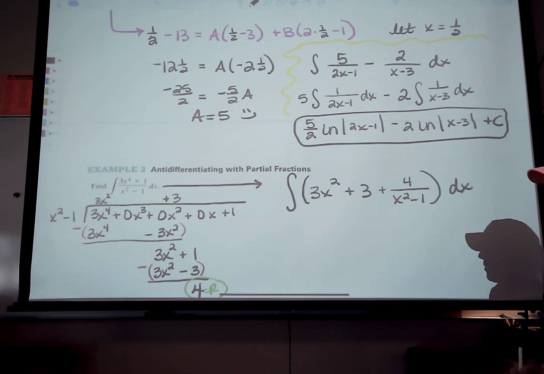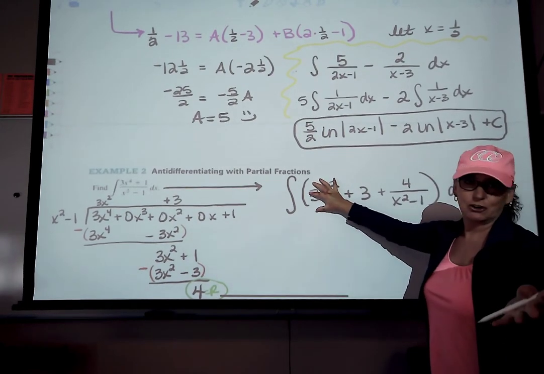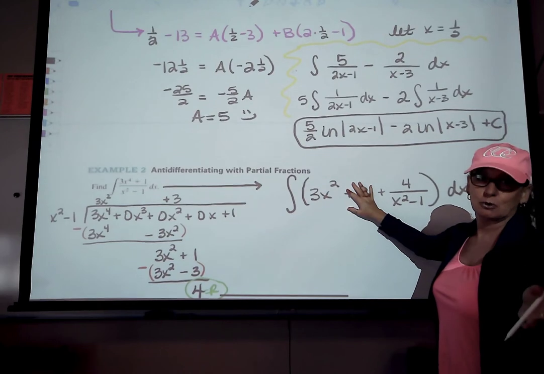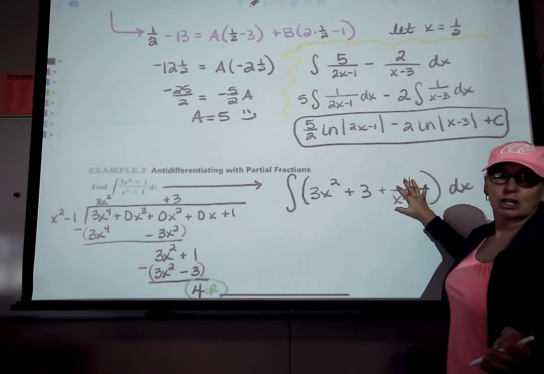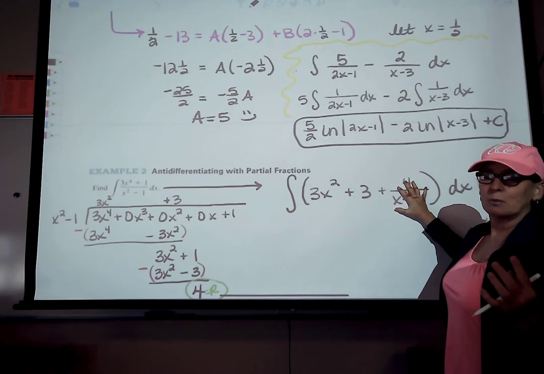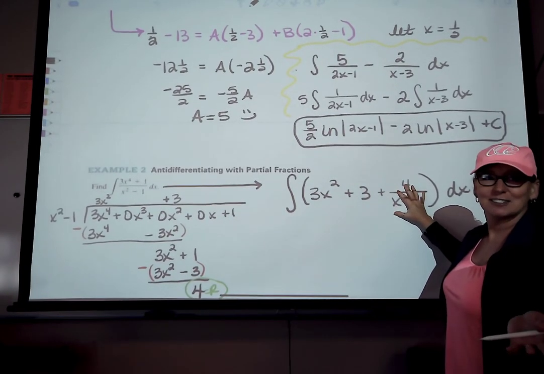Okay, now this term is going to be super easy to integrate. This one is not. We need to work on this term, getting it to a place where it is able to be integrated.